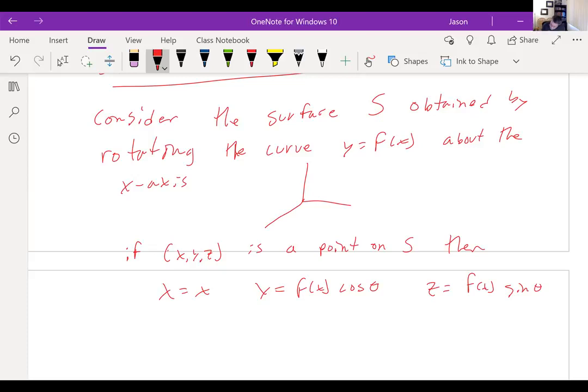Because we have, this is x, and this is y, and this is a function. Now we're going to rotate that around the x-axis.